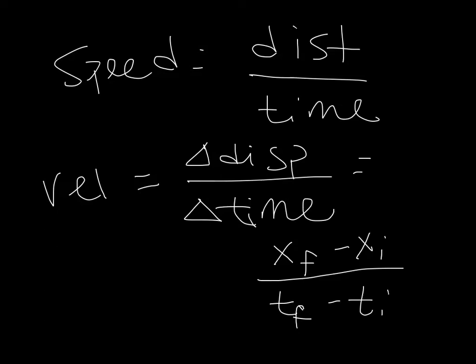And this in particular is actually average velocity. So this little line above the velocity symbol stands for average.